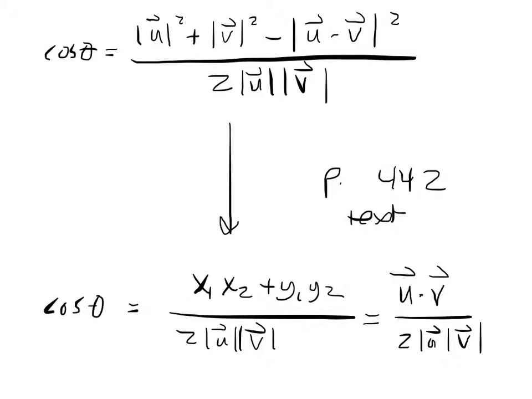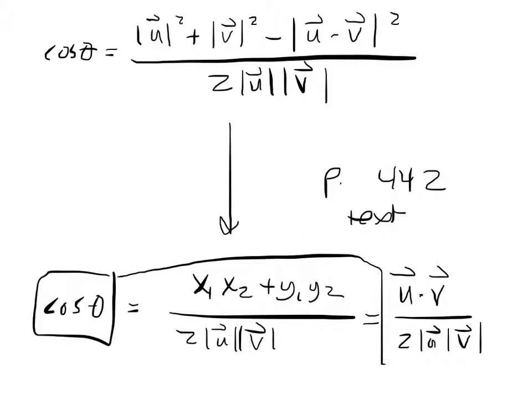So we do have a formula then for the cosine of the angle between two vectors. If the vectors' tails are located at the origin and that angle is between 0 and 180, the cosine of that angle is equal to the dot product in the numerator, u dot v, over the denominator, the product of the magnitudes of the two vectors.